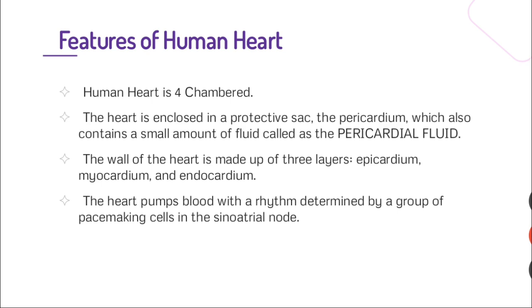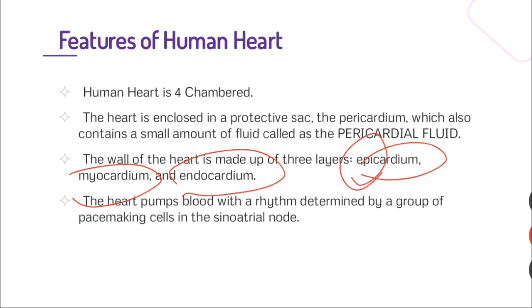So coming back to our topic, the wall of the heart is made up of three layers: epicardium, the outer; myocardium, the middle; and endocardium, the innermost layer. Every time you hear the word epi, it means outer; endo means inner; myo means middle.